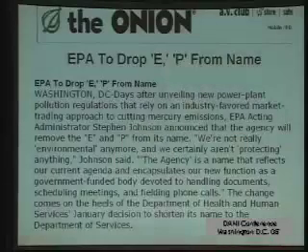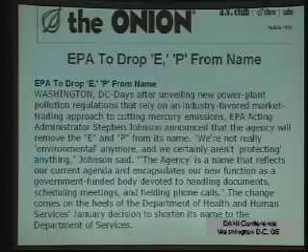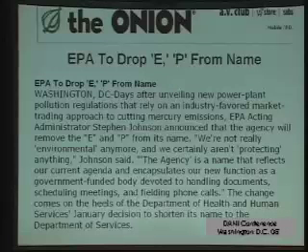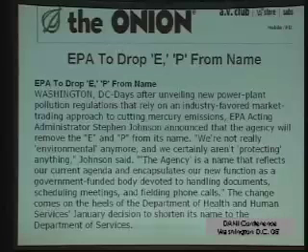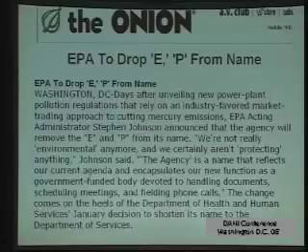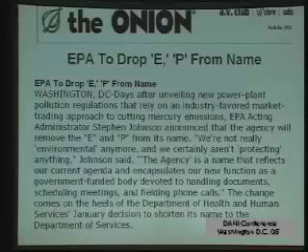Now, this is another joke from The Onion. The EPA used to drop the E and the P from its name. Washington, D.C. Days after unveiling new power plant pollution regulations that rely on an industry-favored market trading approach to cutting mercury emissions, EPA acting administrator Stephen Johnson announced that the agency will remove the E and the P from its name. We're not really environmental anymore, and we really aren't protecting anything, Johnson said.